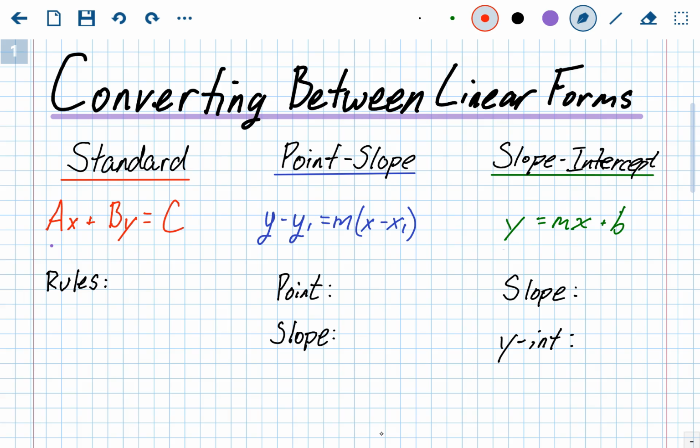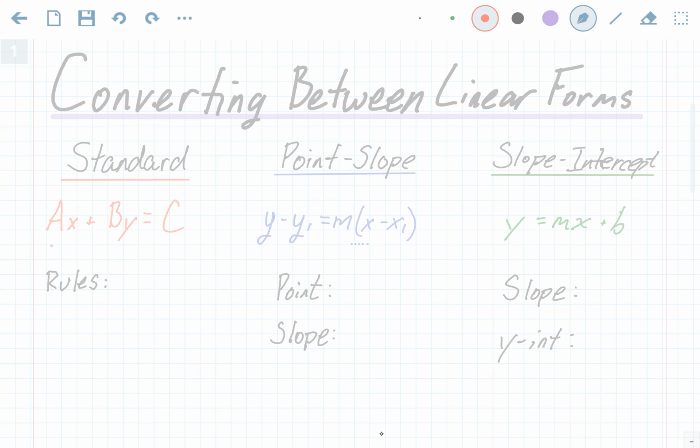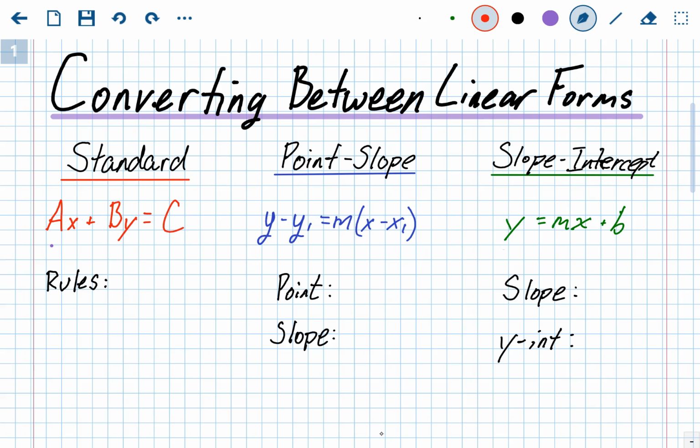Now standard form is easy to find the x and y intercepts from. You plug in 0 for x to find the y-intercept, and you plug in 0 for y to find the x-intercept. Standard form has some rules though. A, b, and c have to be integers.